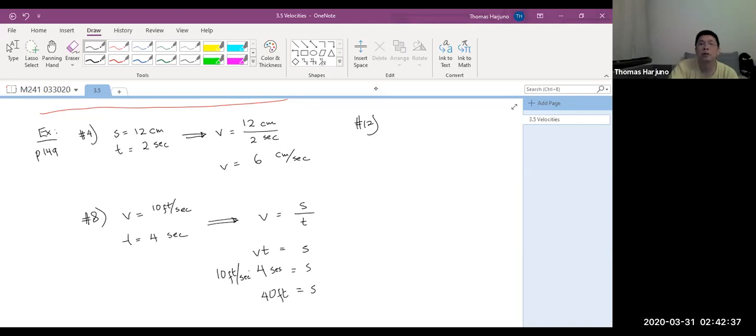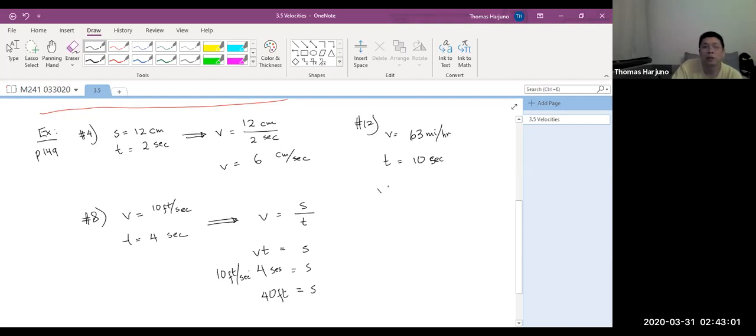Okay, number 12, we have the linear velocity be 63 miles per hour. However, the time is only 10 seconds. Here we need to be a bit careful.